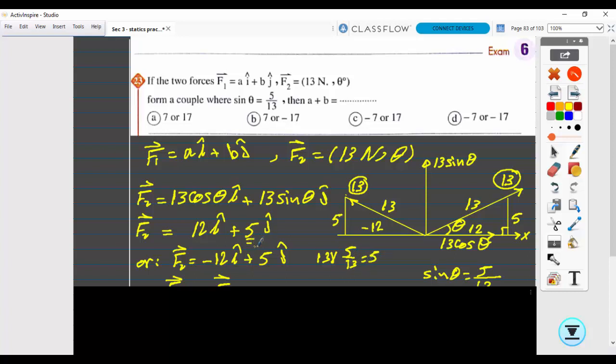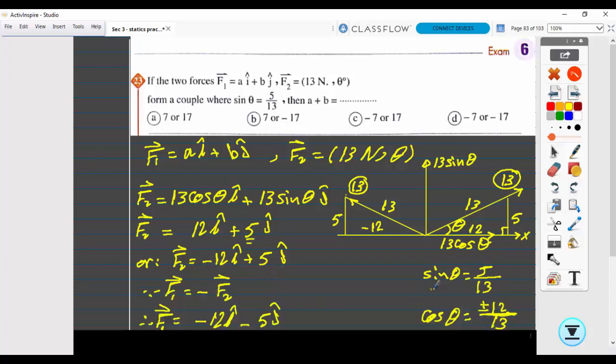So we write 5. But also cosine theta equals negative 12/13. So F2 equals 12I plus 5J, or F2 equals negative 12I plus 5J.